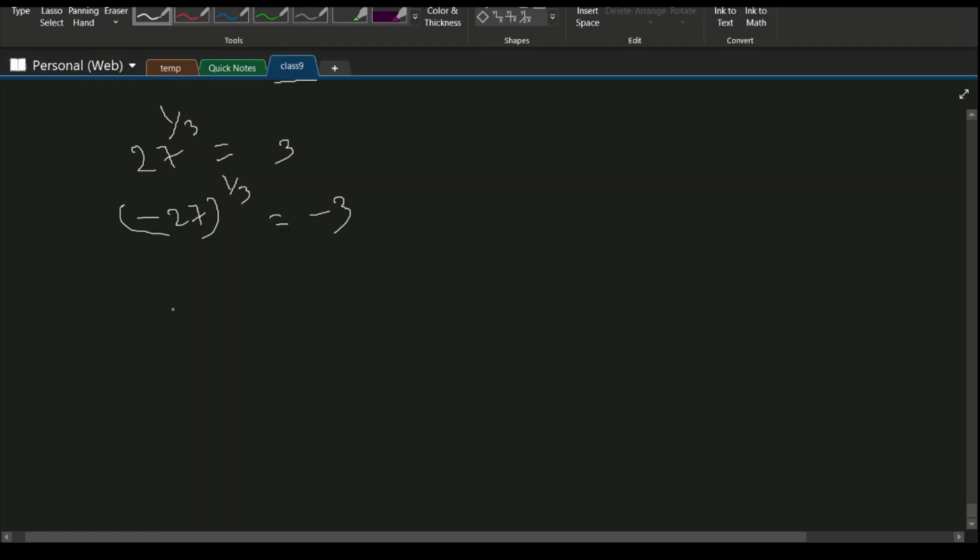And if I write 4 to the power half, then it has to be plus 2 only. I won't accept minus 2 as an answer here, because the signs have to match. When I'm talking about the principal nth root of any real number, it has to have the same sign as the base on which we are putting the power.